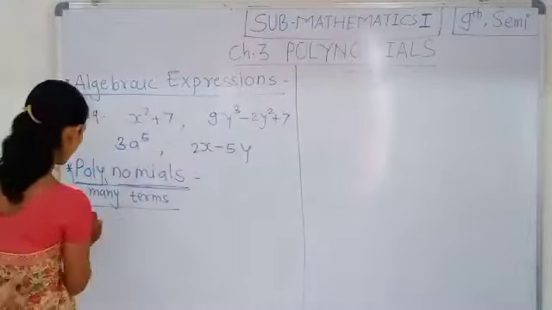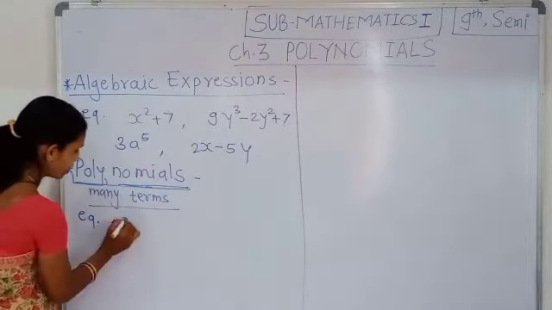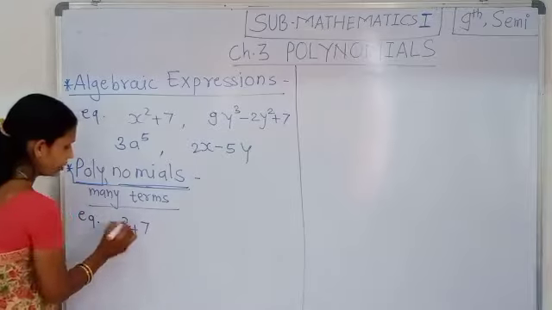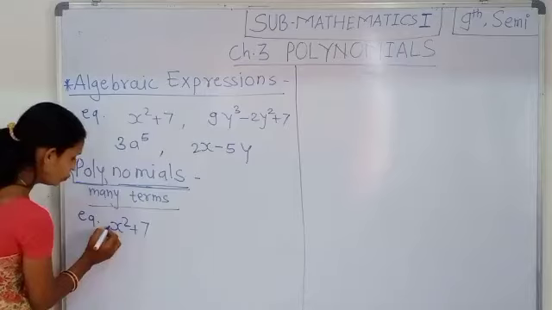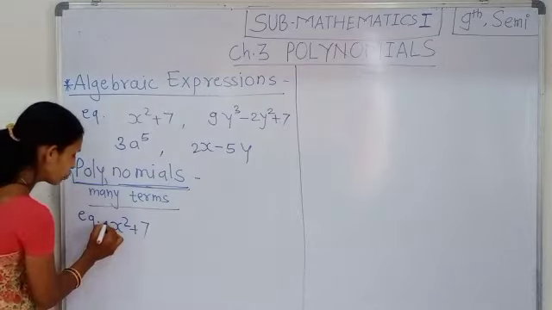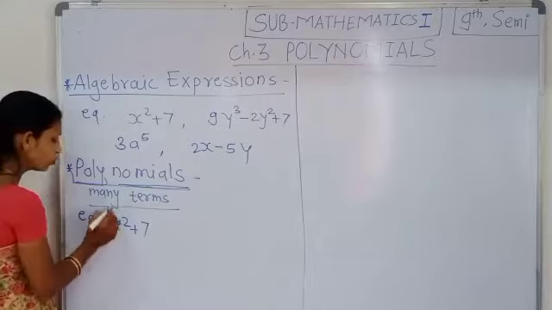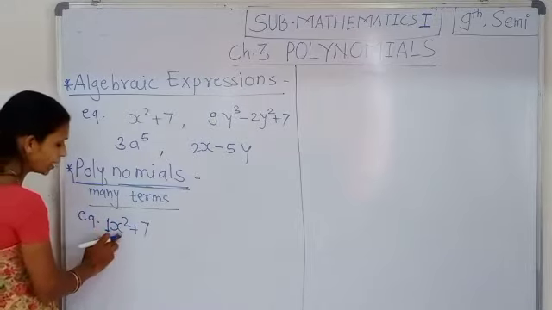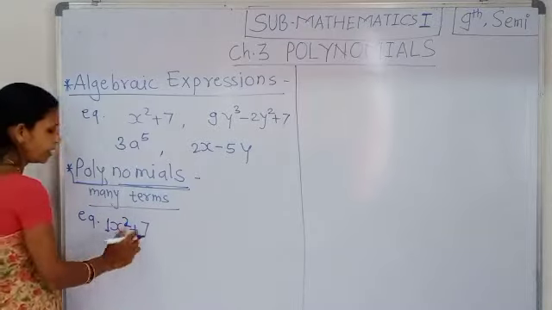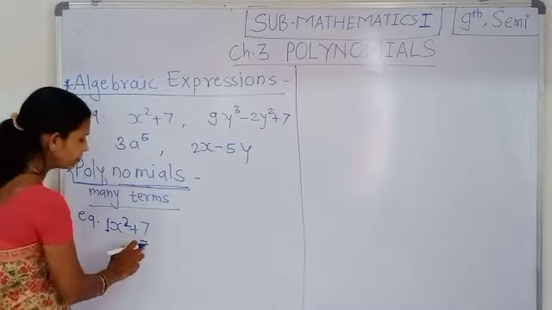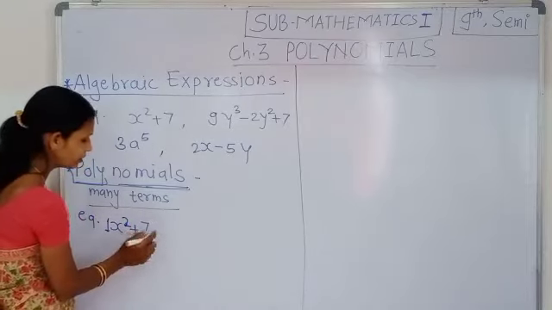For example, x square plus 7, in which there are two terms. In the first term there is a coefficient 1, x is the variable and the degree is 2. In the second term, 7 is the coefficient.